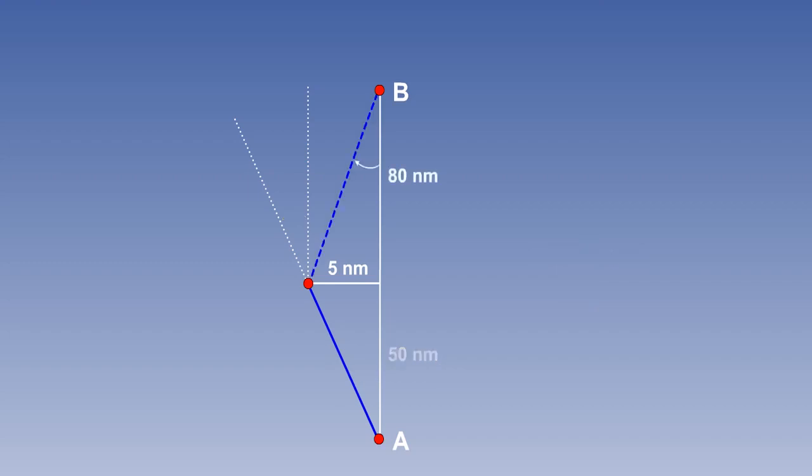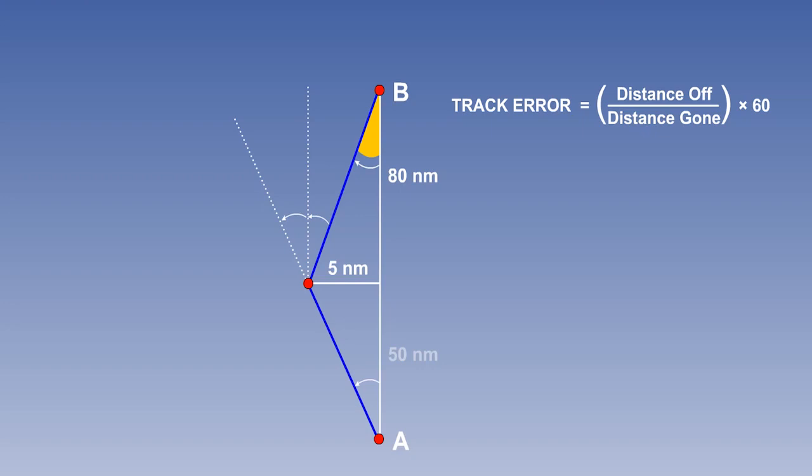Now draw another triangle, this time from the next turning point back to the fix. We have a similar picture to the track error triangle. This time there is 80 miles to go, and we are 5 miles off track. Using the 1 in 60 rule, we can calculate the closing angle.